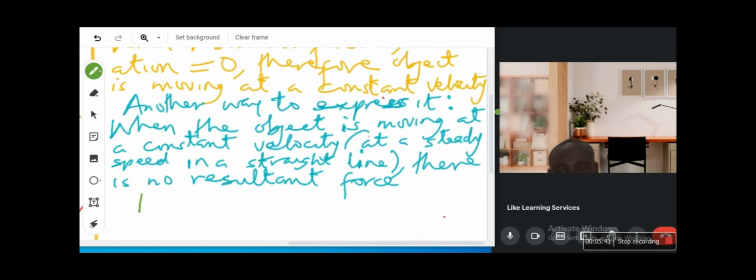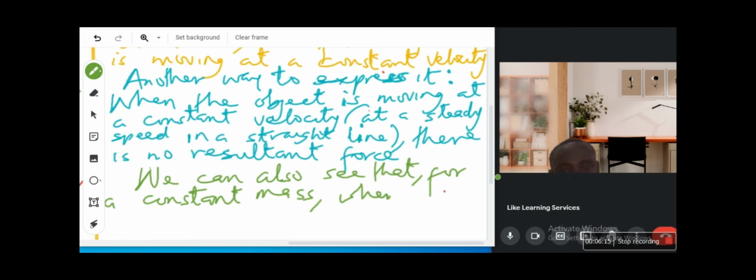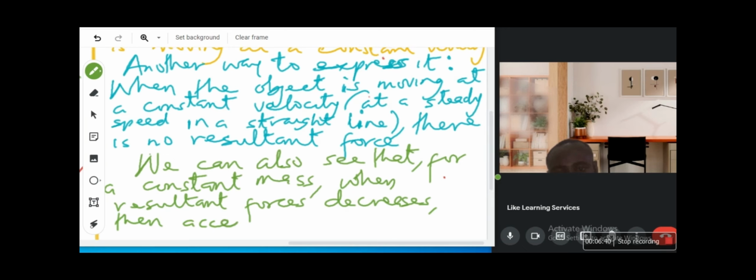It can also be seen that for a constant mass, that's when mass is not changing, when resultant force decreases, then acceleration also decreases.